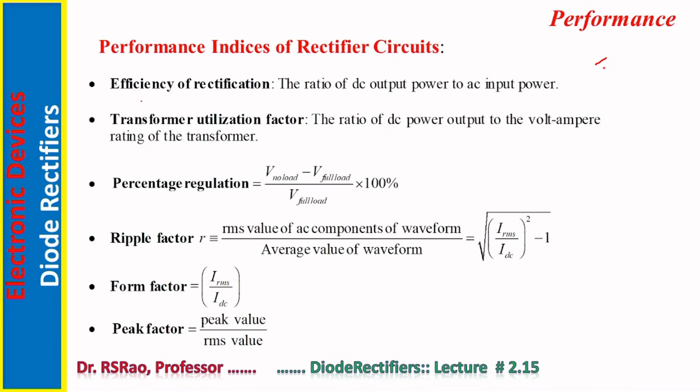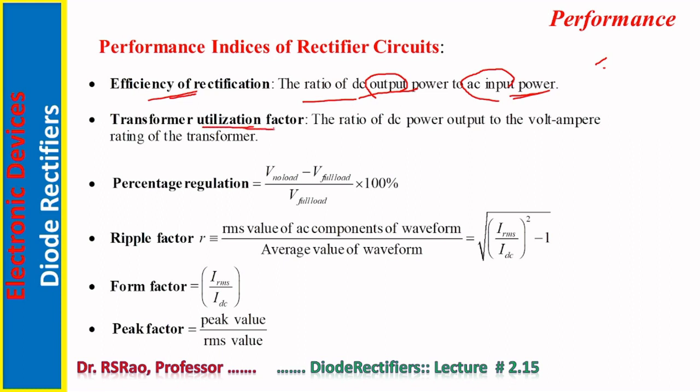First one in this lot is efficiency of rectification. By definition, it is the ratio of DC output power to AC input power. Note, efficiency means output to input. Here it is DC output power to AC input power.